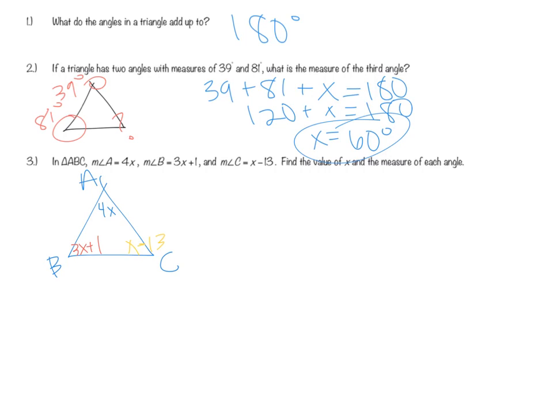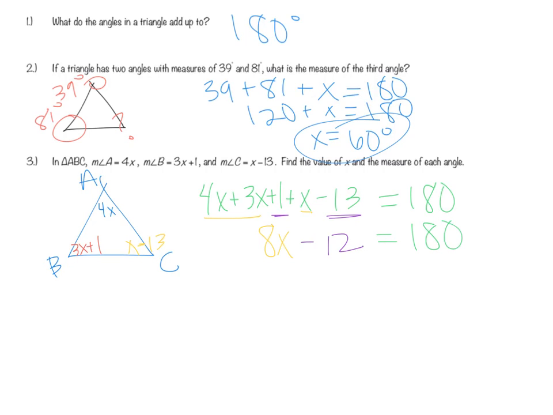We know that if I add all of those up, they will equal 180 degrees. So 4x plus 3x plus 1 plus x minus 13. Now I need to go through and combine like terms. 4x plus 3x plus 1x is 8x. And 1 minus 13 is negative 12, which equals 180.